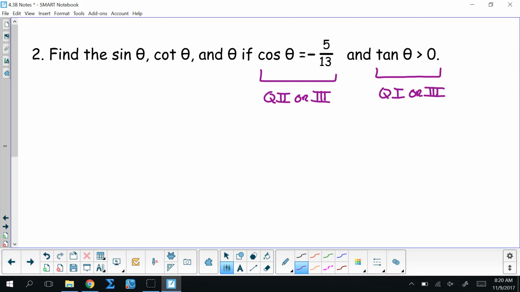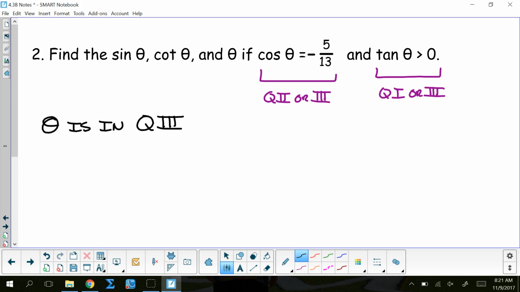So my theta is going to end up in quadrant 3. Wait, the only reason you get rid of quadrant 1 being an option is because it doesn't go with cosine being negative? That's correct. Same way I can get rid of quadrant 2 because tangent's negative in quadrant 2. Correct. It's got to fit both conditions in order to narrow it down to which quadrant it's in.